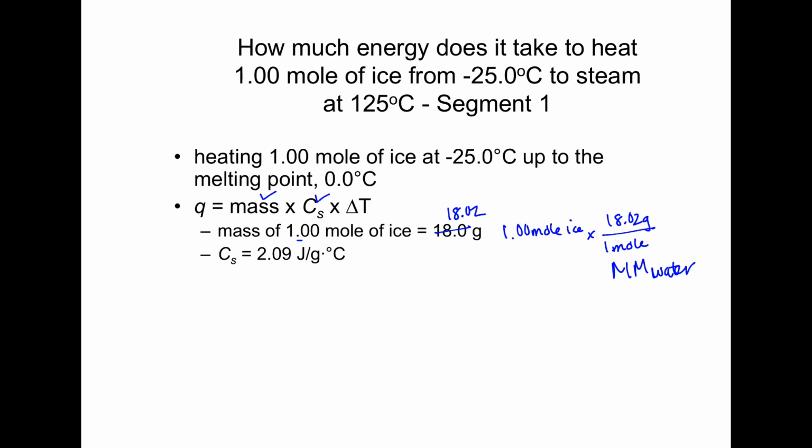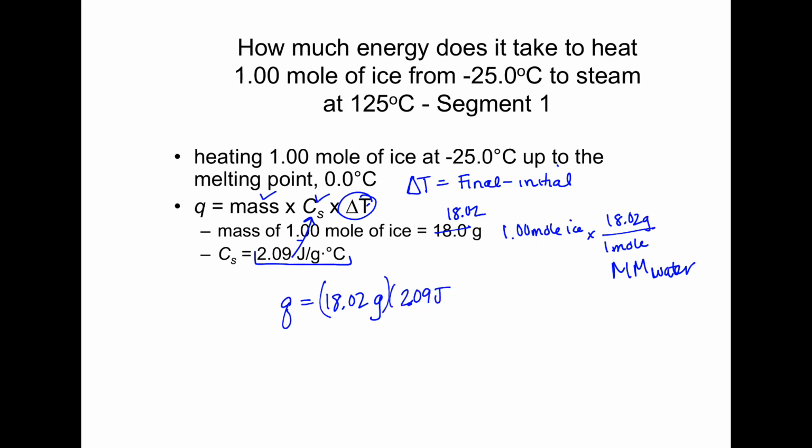I would then look up the specific heat of ice, and this is from the previous slide. And then I need to calculate a delta T. Remember, delta T is always final minus initial. So when I put that into my equation like this, my T final is 0 degrees.